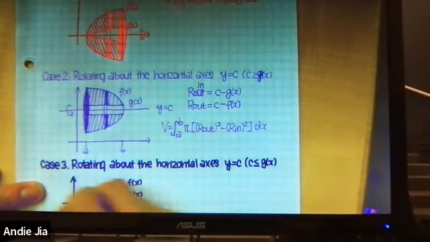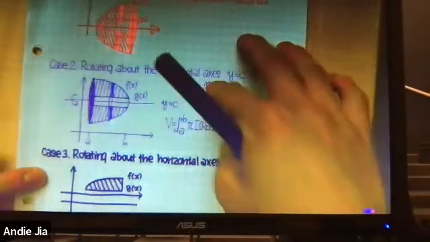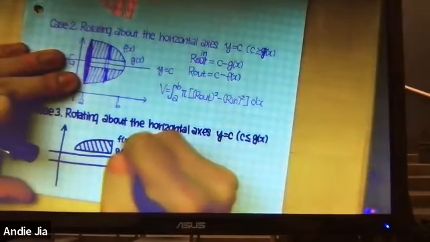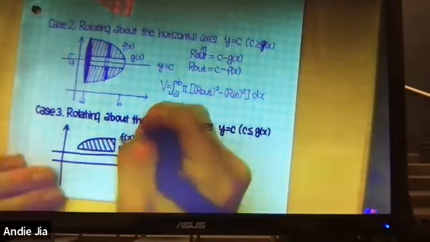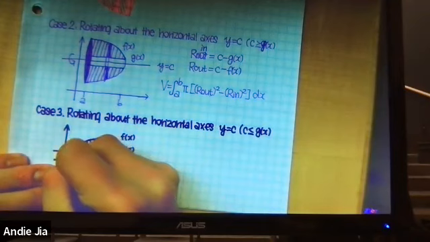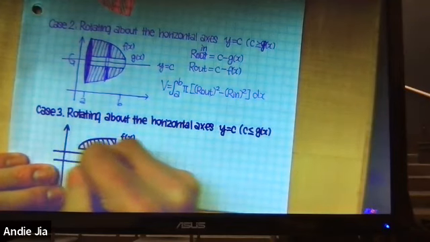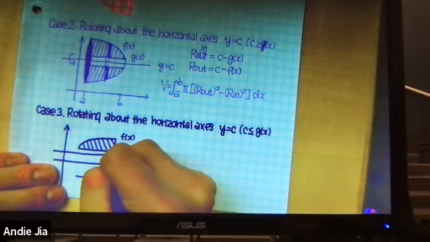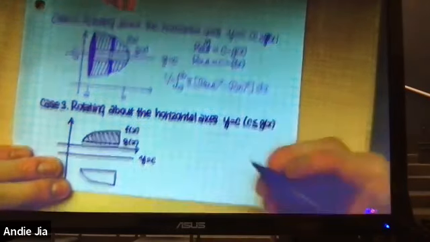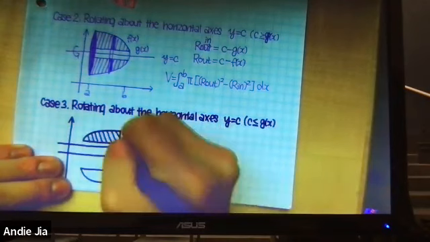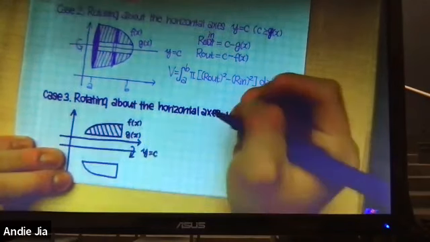Perhaps you were talking about this axis. Now remember, y equals c is under g of x.